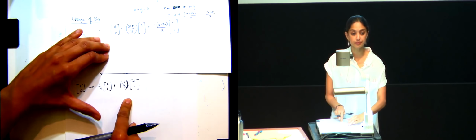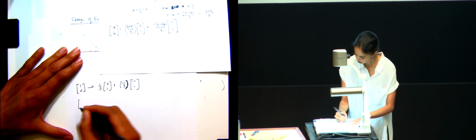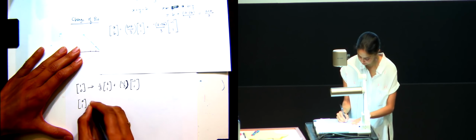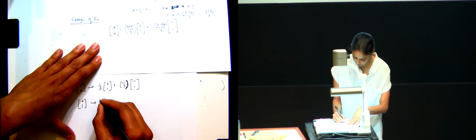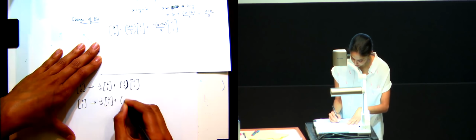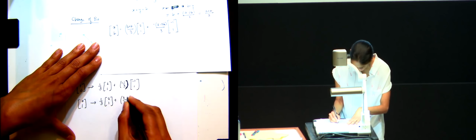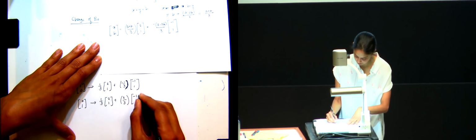Does everyone see that? I'm just using what we computed here. And I can write 0, 1 as 1/3 times 2, 1 plus 2/3 times minus 1, 1.